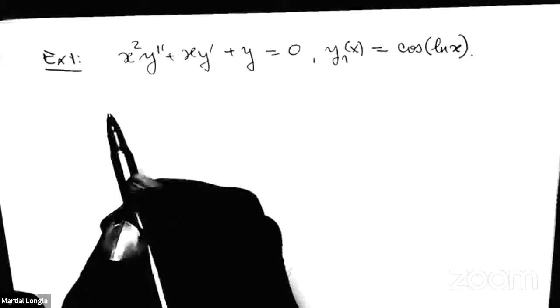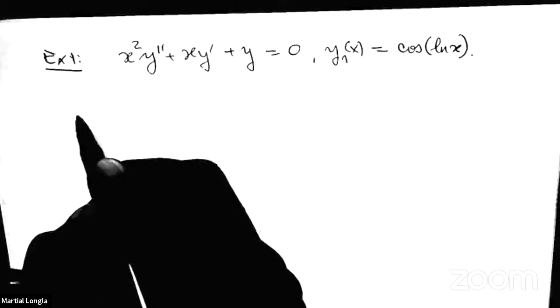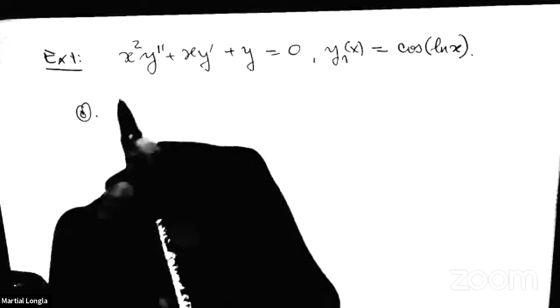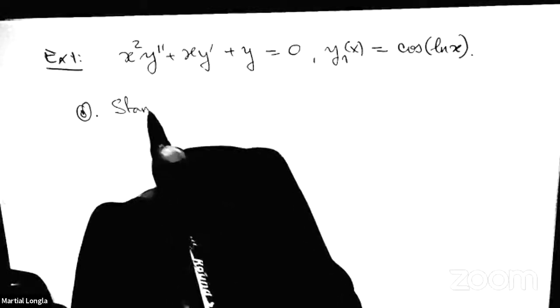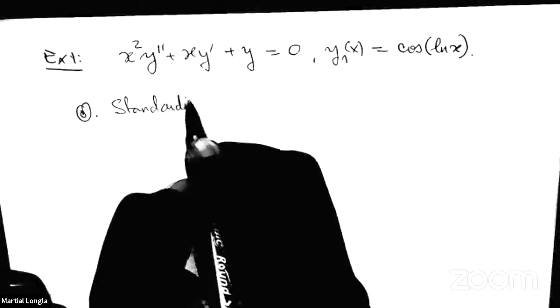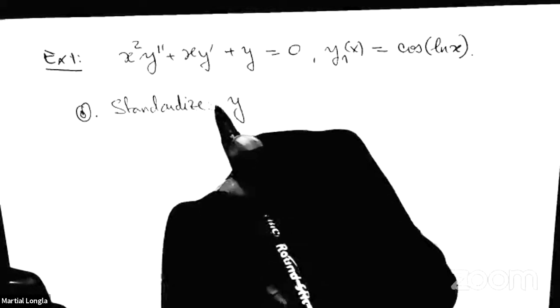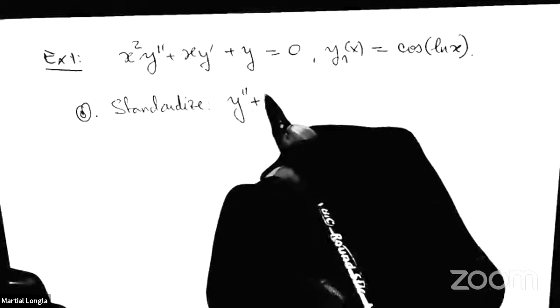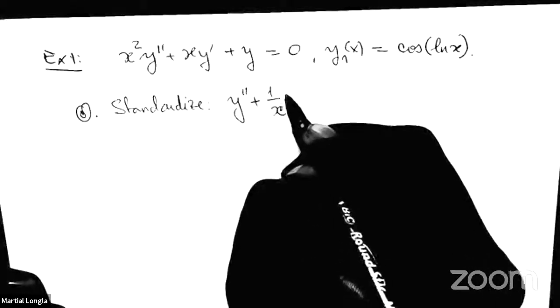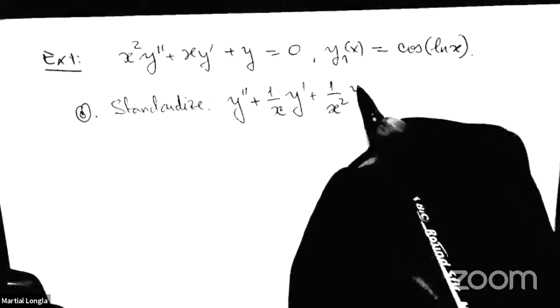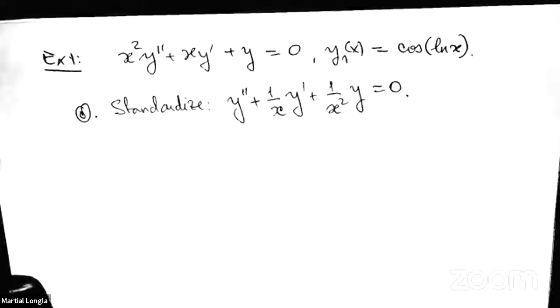And when we say step 0, standardize the equation. So we divide by the coefficient of the second derivative. That's the standard form.